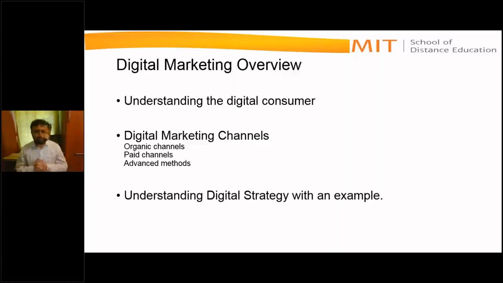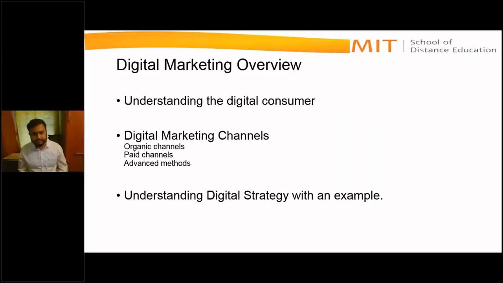One is the organic channels that give you more visibility without conducting any paid campaigns, any paid boosters. Second is the paid channels, where you actually put heavy budgets on it and you run the ad. It's a click-based campaign. The main example for paid channels is search engine marketing, where you use display ads as an important tool.